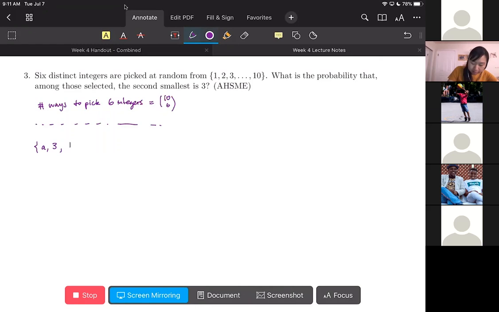And then I have maybe B, C, D, E. So we can look at how many ways there are to choose these numbers. For A, since it has to be less than 3, we can choose A from the set 1, 2, right? So A could be 1 or A could be 2. So there's 2 choose 1, or 2 ways to choose A.